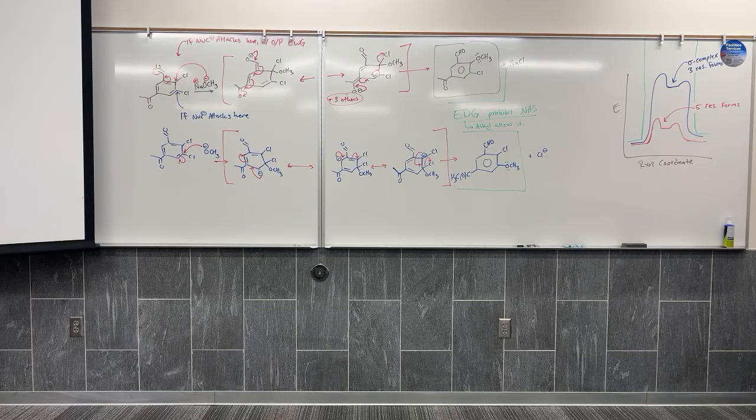I think it's because if you move this bond up, it's going to break the octet. What Jordan's saying is OH is not an electron withdrawing group. Even though it's ortho, it doesn't matter its position, it matters its identity.